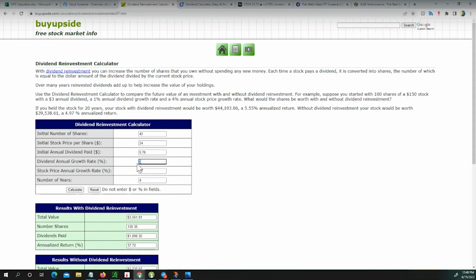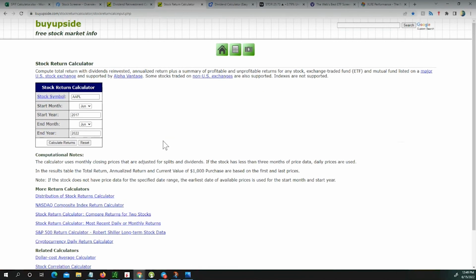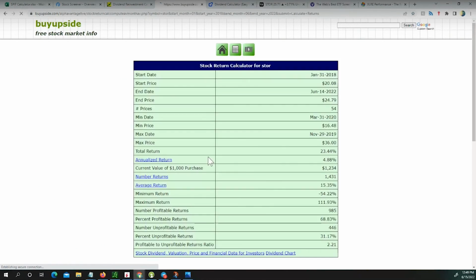Growth rate, I'm thinking they have a little bit better growth rate in dividends. Let's see something here. Performance wise, I know they're probably doing better than VICI, but let's just see. Store, January of 2018 to date, and let's see.